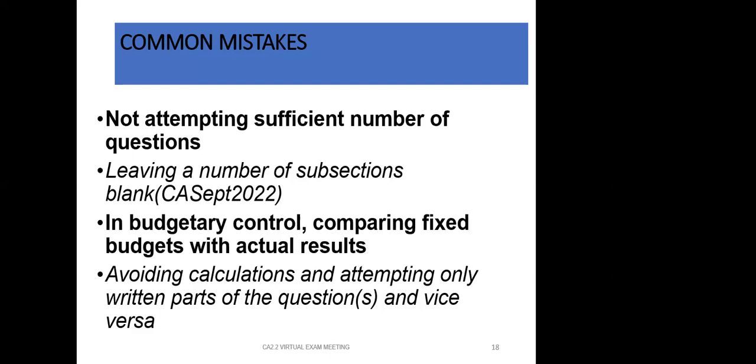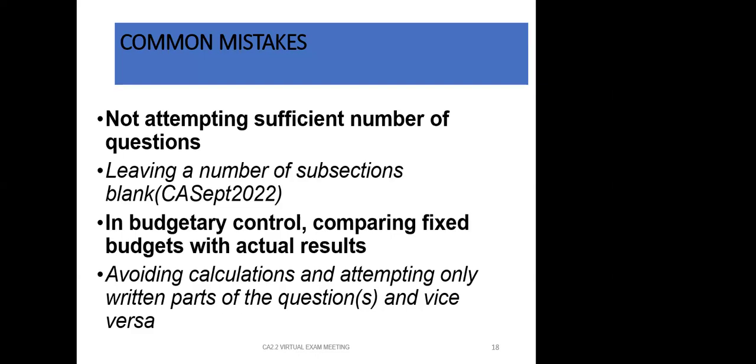So candidates, as a common mistake, continue comparing fixed budgets with actual results, thereby getting meaningless variances and therefore meaningless recommendations or advice. Avoiding calculations and attempting only written parts of the questions, and vice versa, or attempting written parts, essay parts, and avoiding calculations.